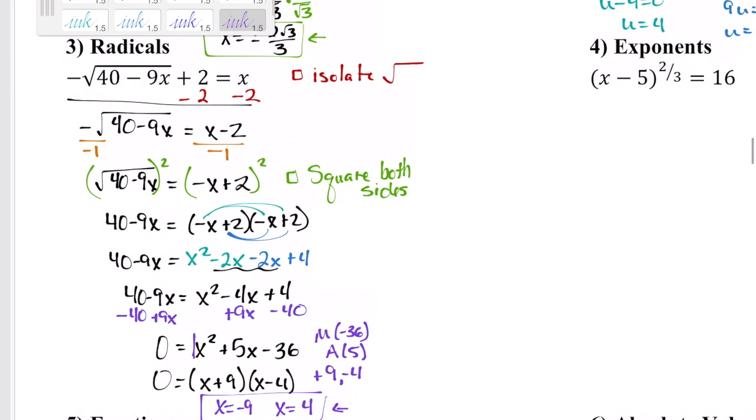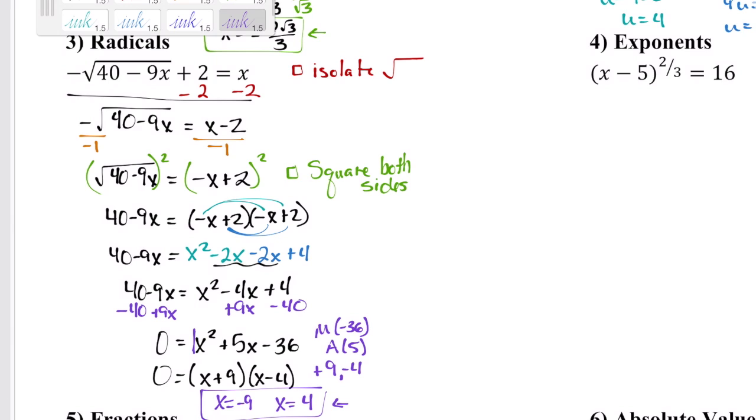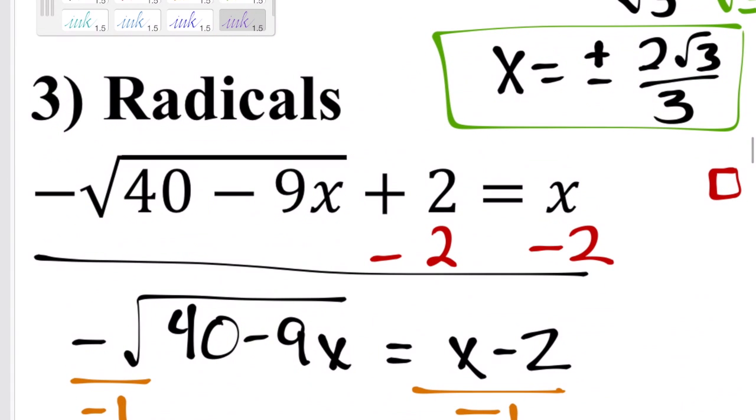Although when it comes to square roots, we do have to remember to check for extraneous solutions. So underneath the square root, we don't like taking square roots of negatives because it would end up being imaginary, and we don't want to have to worry about imaginaries right now. So in my mind, I am plugging in a negative 9 for my x.